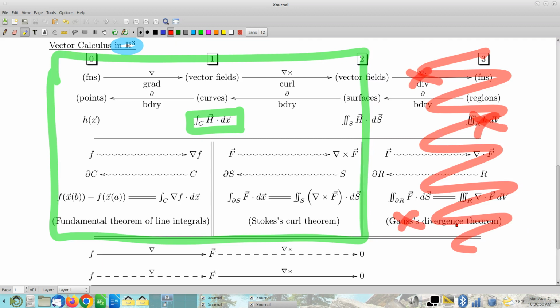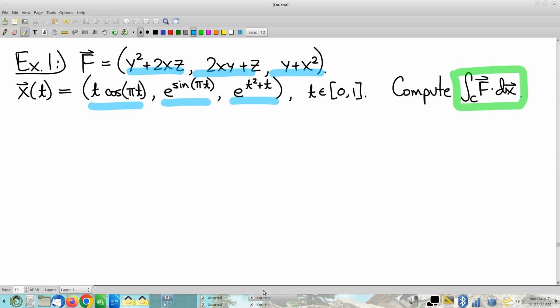Okay, let's see here. The diagram tells me that whatever vector field I've been given here, apparently I should compute the curl of it. Apparently that might be useful. Okay, I'm going to follow the instructions. By the way, thank you to the diagram for making a helpful suggestion of something to do, right?